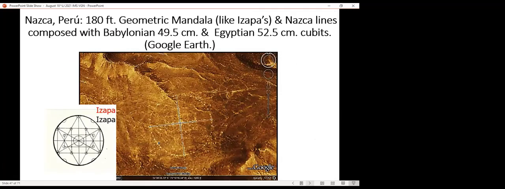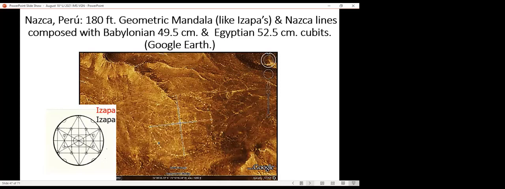This is most telling on a bench, a 180-foot geometric design of Izapa's temple center, exactly composed with the Babylonian cubit. The Egyptian cubit is also involved in different lengths and measurements of the Nazca lines.